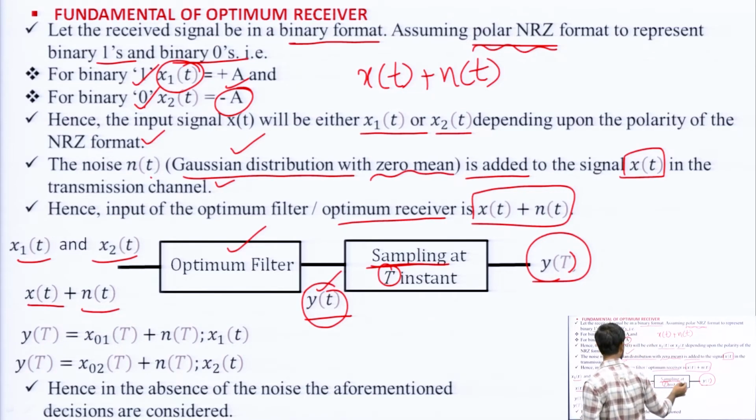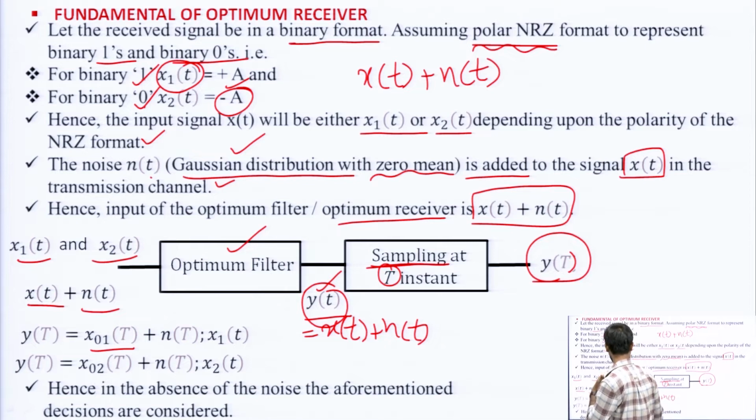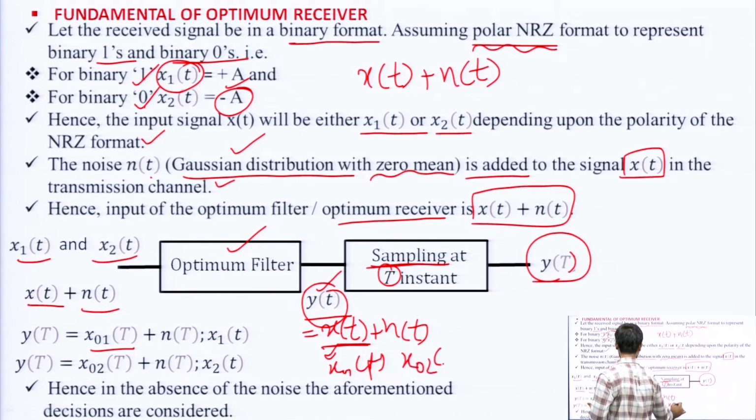So, what is y of capital T? Y of t equals x of t plus n of t, where x of t may be x naught 1 of t or x naught 2 of t.